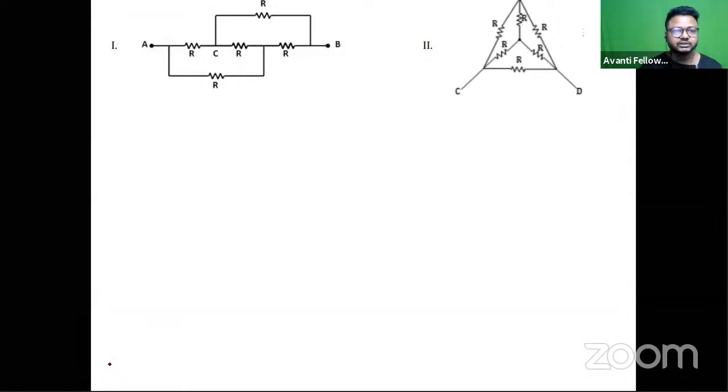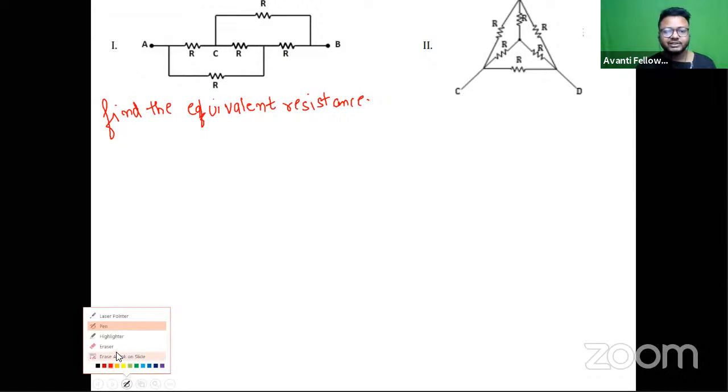Why do we have this half screen only? Okay, so try to solve this problem. First one. What you need to find is the equivalent resistance in the first one. I think you might be comfortable in solving these also.